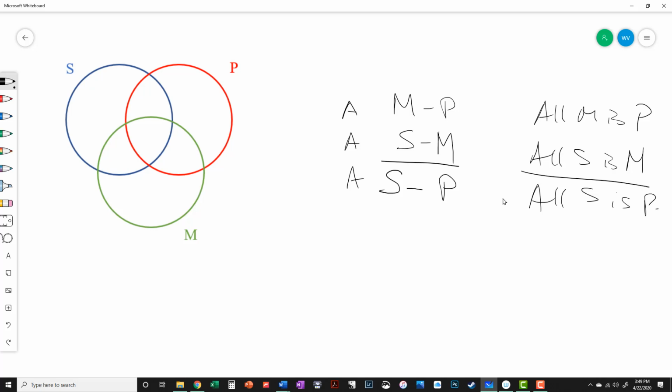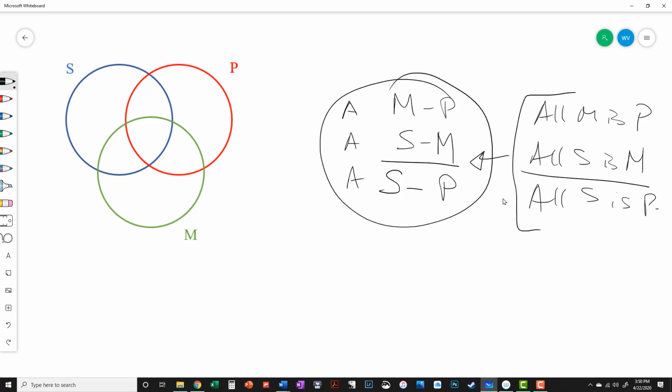So perhaps you could say something like, all mammals are air breathers, all beavers are mammals, and then you would conclude, therefore, all beavers are air breathers. Something like that. Okay. Now, generally speaking, I'm not going to bother to write this out when I have this, right? Because this tells me the very same information.